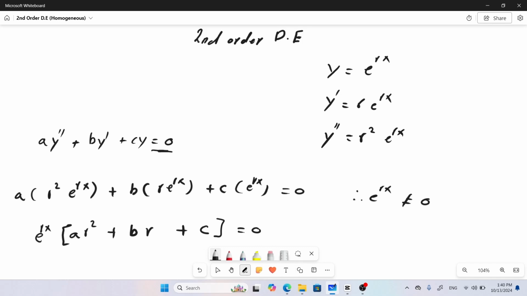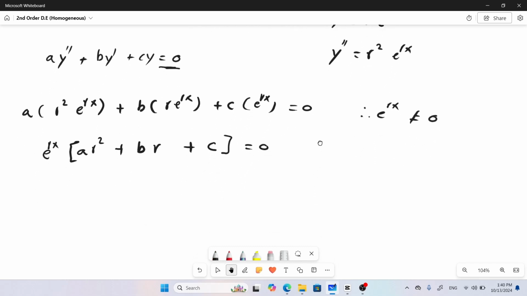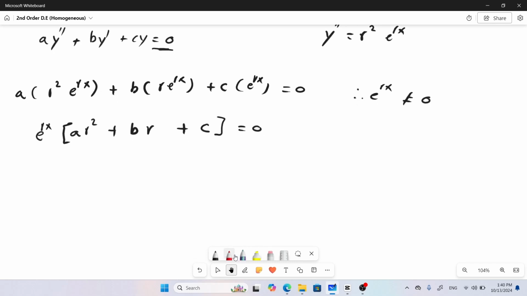Now we are left with a second order equation: ar squared plus br plus c. Now we must find the roots of that.